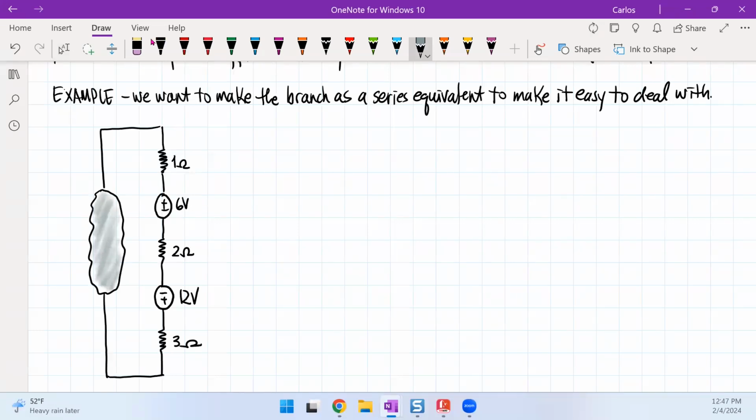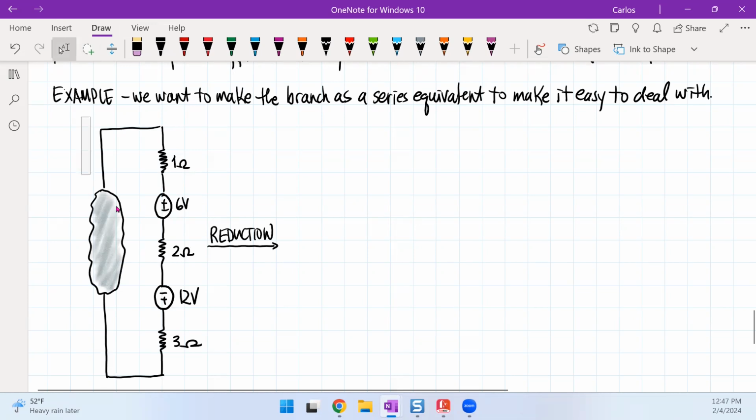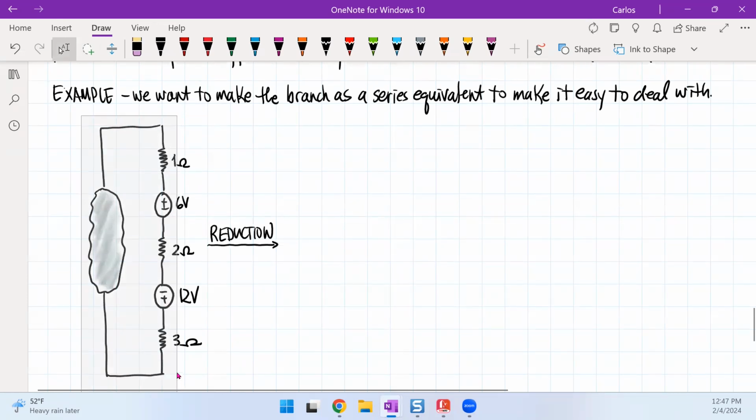So the first thing that we want to do here is use reduction. Because all of these are in series, we can move them around.